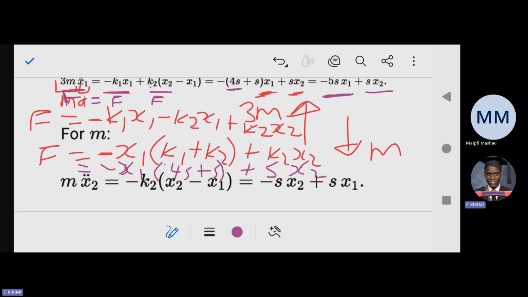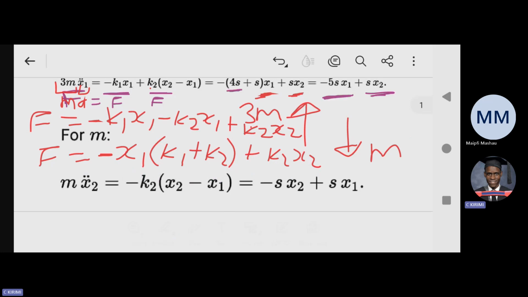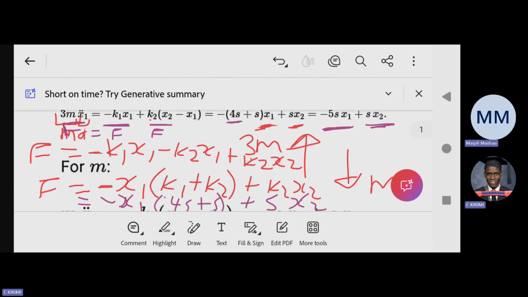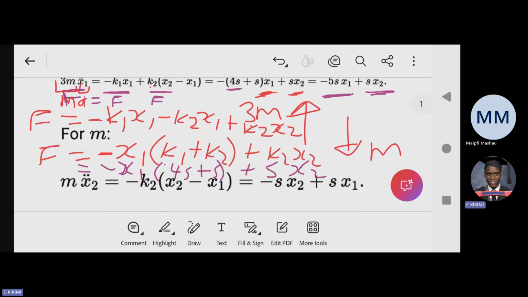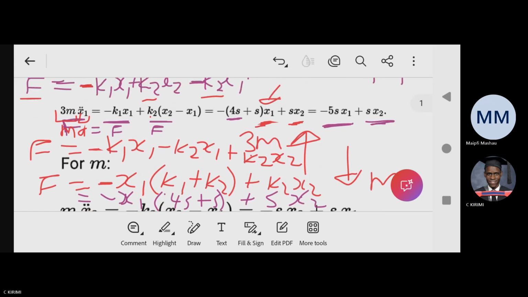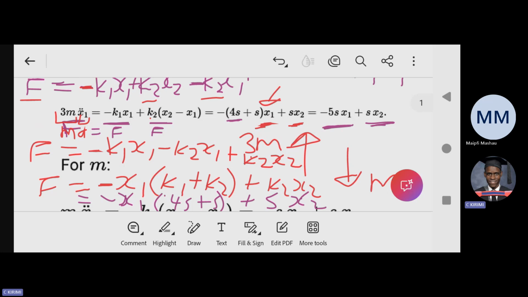Then this one is standing on its own. So now we have a differential equation for the 3m block, where 3m times the acceleration x1 gives you that equation in terms of s.